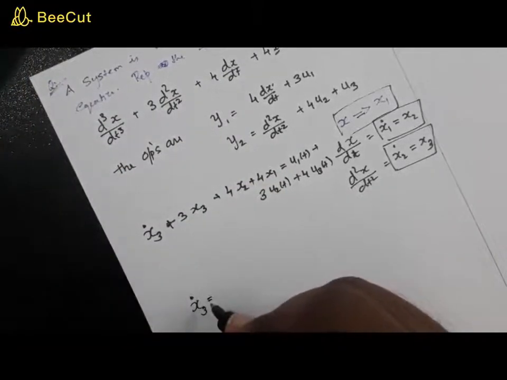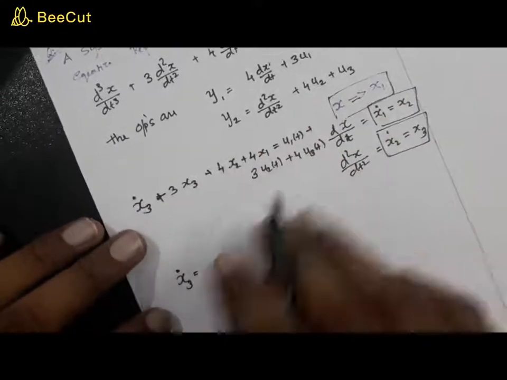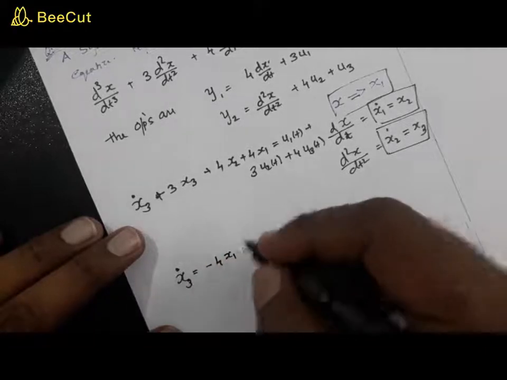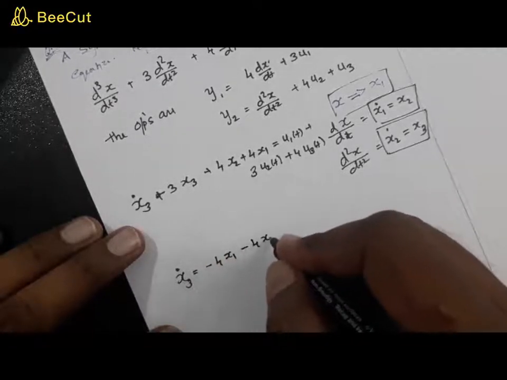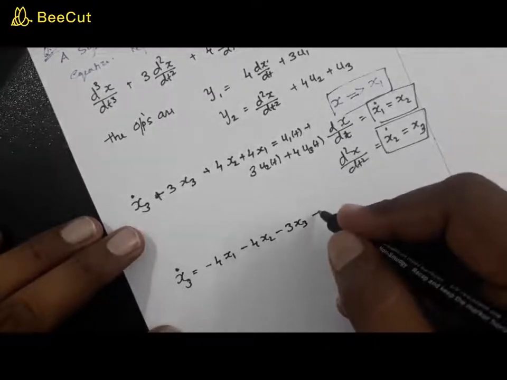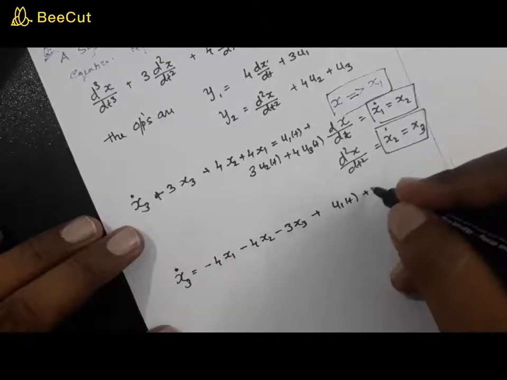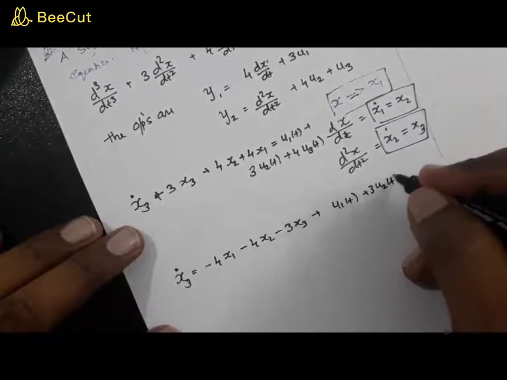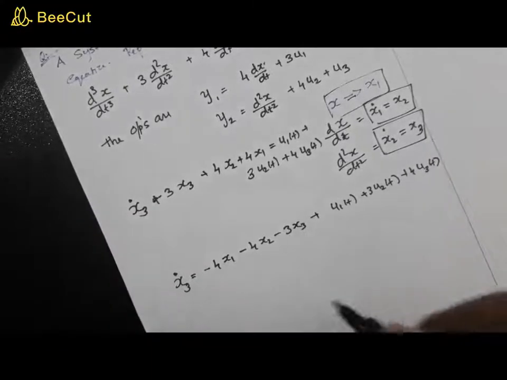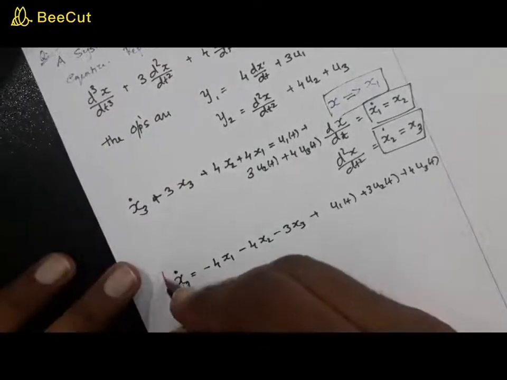You can bring all these things to the other side so that x3 dot equals minus 4x1, minus 4x2, minus 3x3, plus u1 of t, plus 3 into u2 of t, plus 4 into u3 of t. Right? So that means this is your x3 dot.